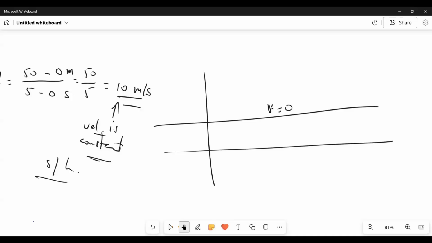So once you have a displacement time graph that is a straight line, you can conclude that the velocity is constant. And when velocity is constant, what can you say about acceleration? If there is no change in velocity, what is acceleration?